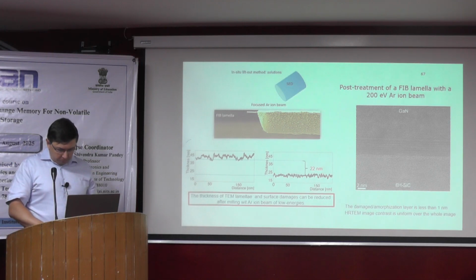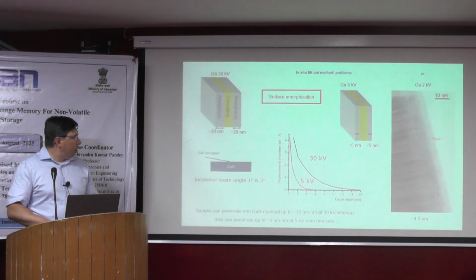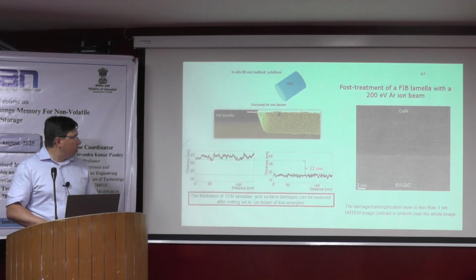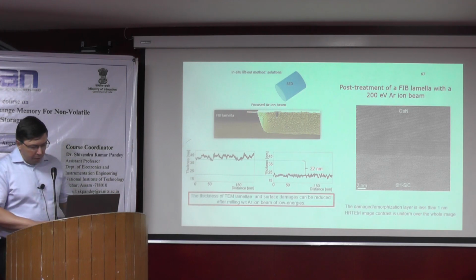Okay, this shows the principle of how it works. The argon ion beam should be pointed to the lamella, so it's focused, and then by rastering over the sample, you can make your specimen very thin.